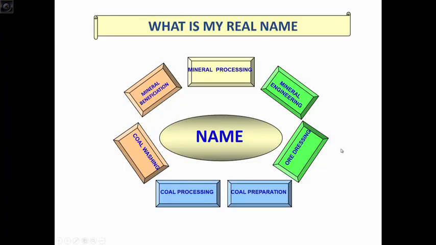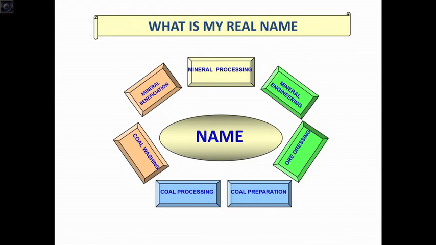Now, you may be wondering what this course is about. Before I introduce you to the subject, let me tell you that in many places this same subject, with similar content, has a different name. Somewhere it is called mineral engineering, where we emphasize more on the engineering aspects. Sometimes it is called ore dressing, sometimes mineral beneficiation.